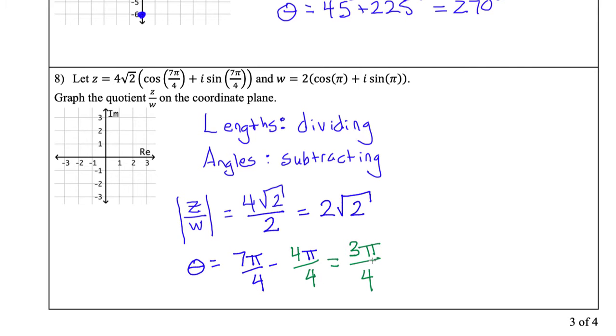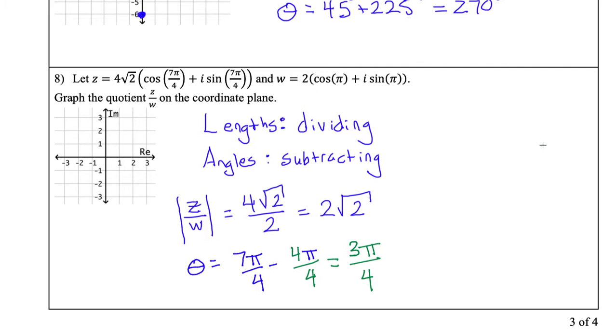A 45, 45, 90 normally has what type of square root in it? A square root of 2. Which means, somewhere on this line, I need to go out a distance of 2 square root of 2.